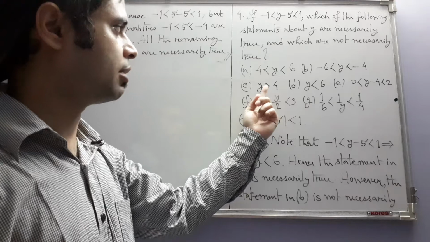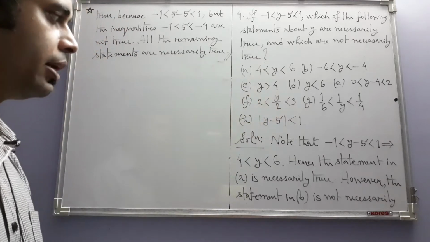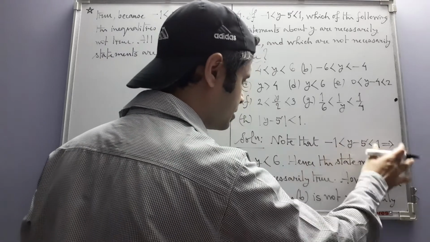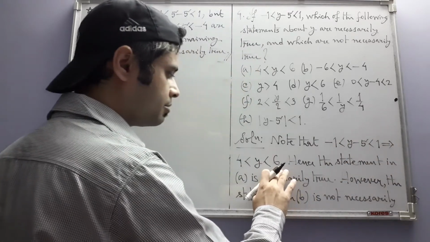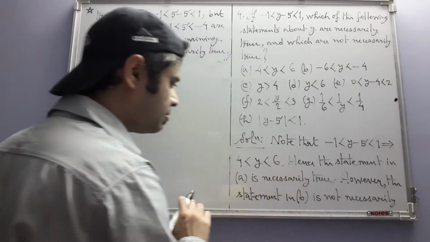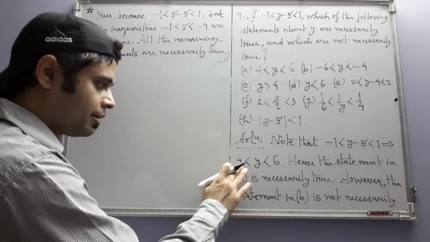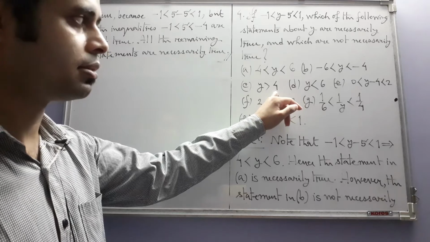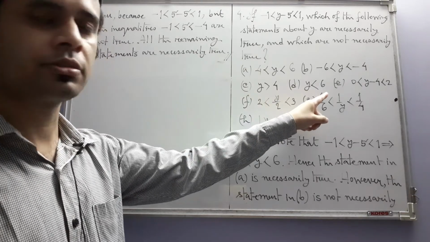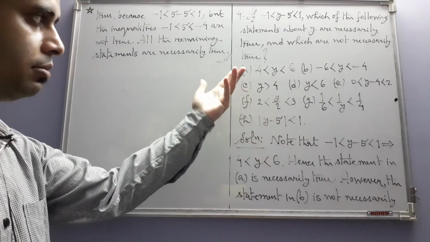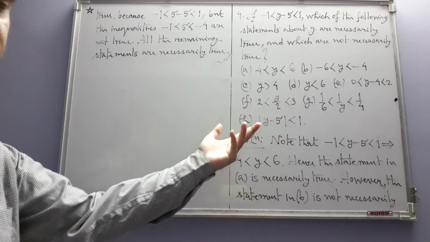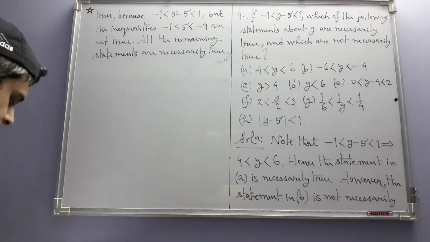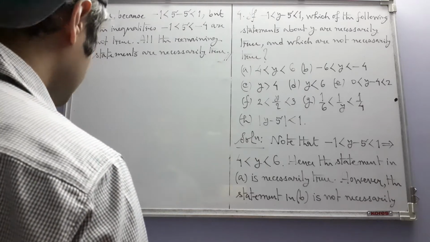Say we take this one, y is greater than 4. We have already seen that the given inequalities imply these, and these again imply that y is greater than 4. So that's why this is necessarily true. Just like that, this is also necessarily true, and the remaining statements you can verify. Okay, so I end the solution like this.